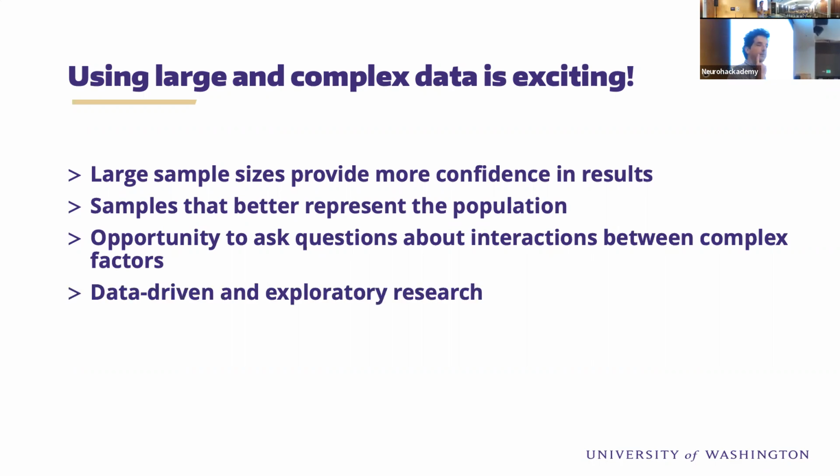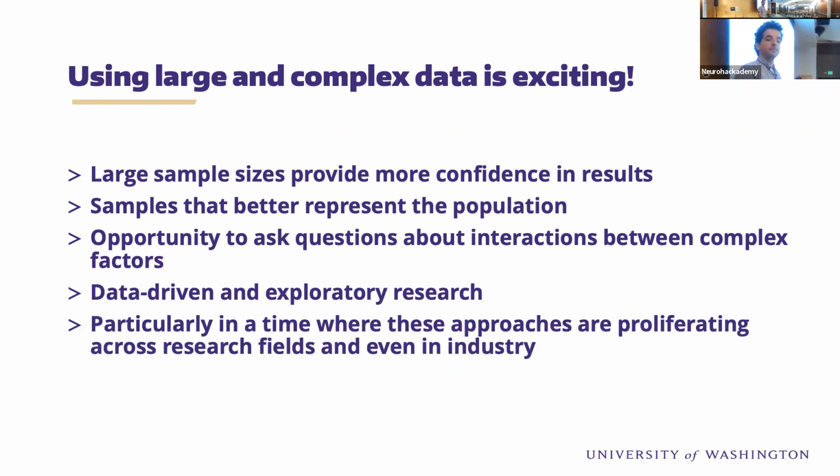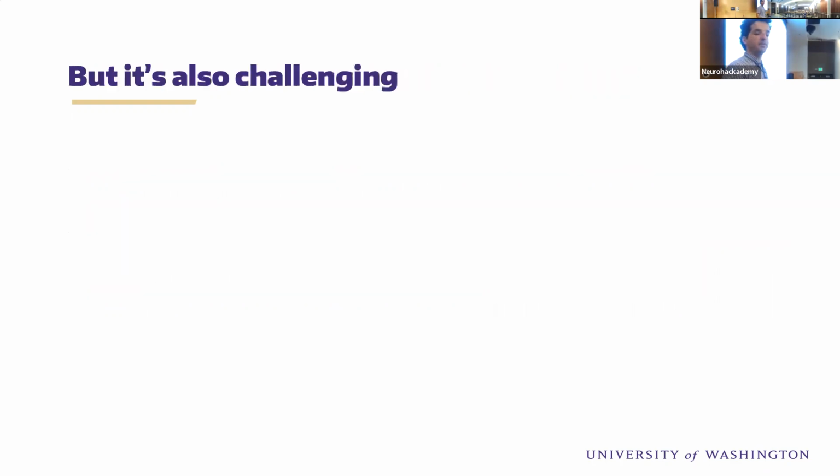And we can use all kinds of new approaches to do research, data-driven approaches that look at the data and explore it in a variety of different methods. And this is particularly interesting in a time where these methods are proliferating across many research fields, including astronomy that I mentioned before, and even in industry and a lot of different applications of these kinds of methods.